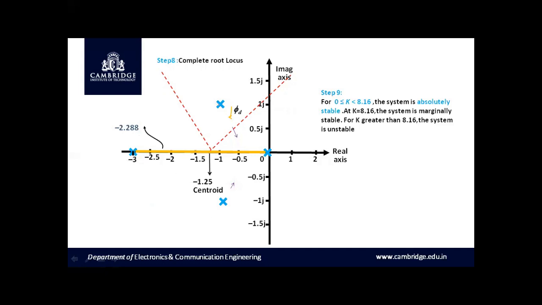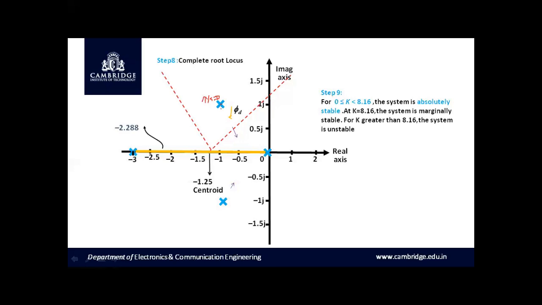With respect to the complex conjugate pole at minus 1 plus j, we have identified the angle of departure exactly at minus 71.56 degree. Therefore, when k is equal to 0, the location of the complex conjugate pole will be exactly at minus 1 plus j.